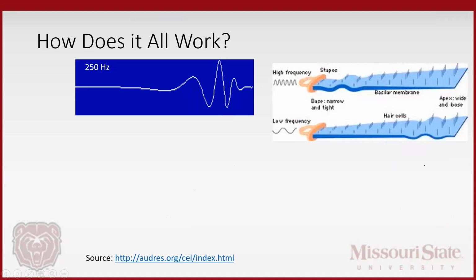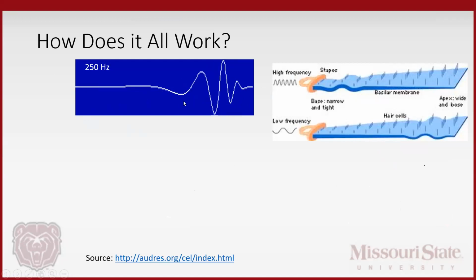All of this was described back in 1960 by von Békésy when he described the traveling wave and described how the energy as it travels is going to peak at a specific point on the basilar membrane.